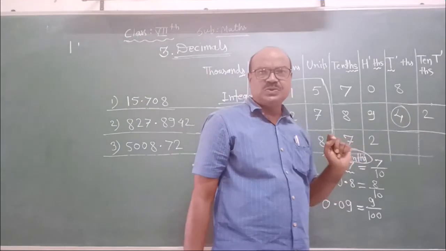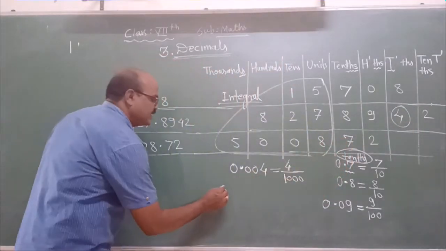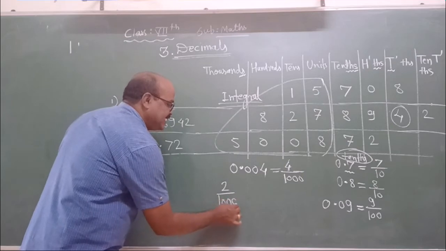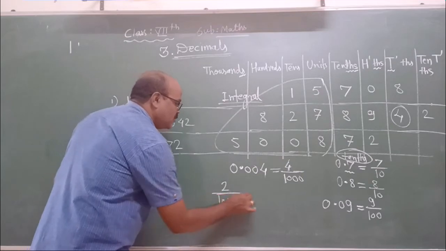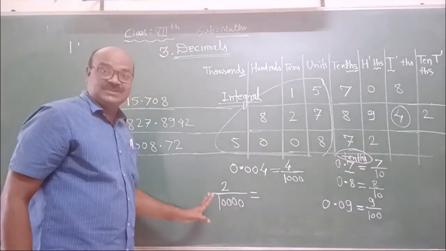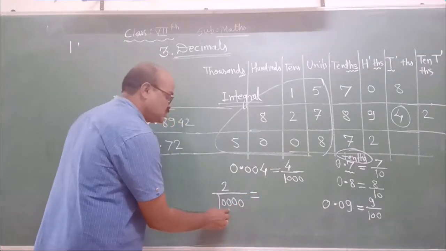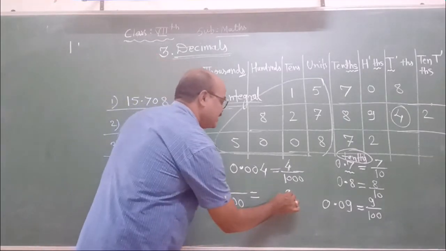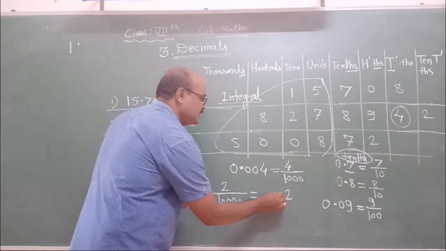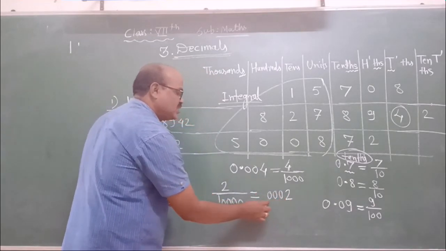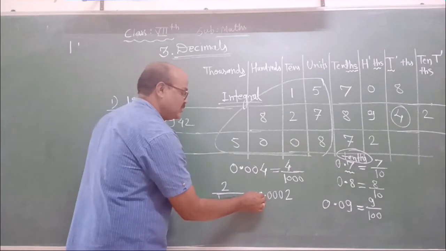So it is 2. It is nothing but 2 divided by 10,000. Now if we see its place properly, 1, 2, 3, 4 zeros are there, right? So if I write 2, after 4 digits the decimal point will be there.